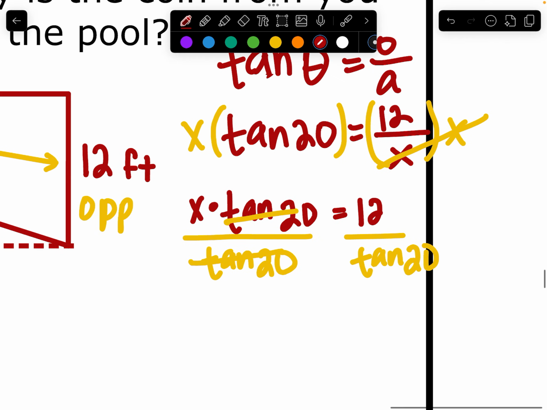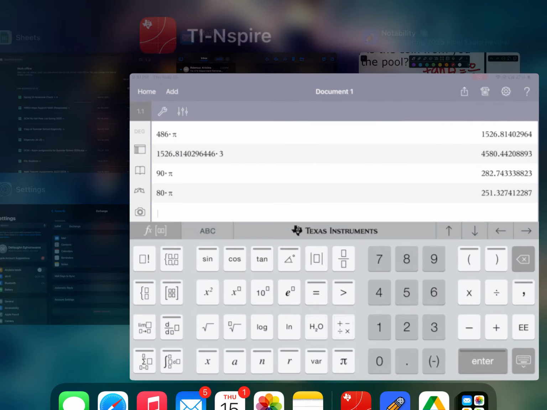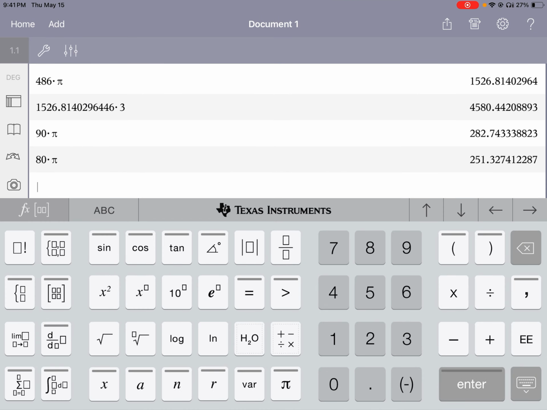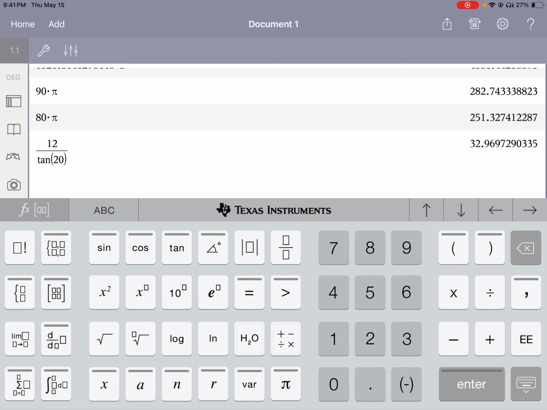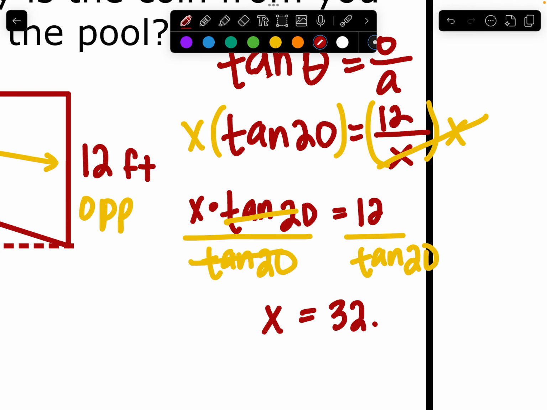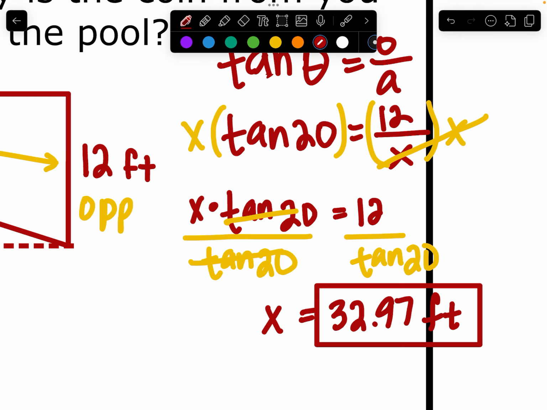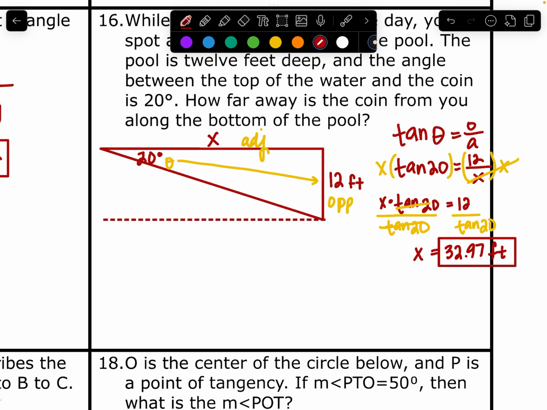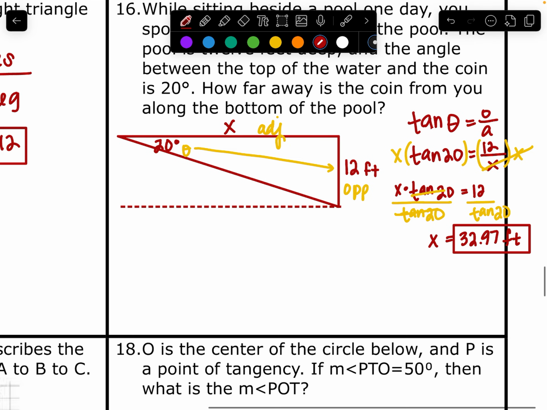Now we're left with x equals 12 divided by tangent 20 in our calculators. Please make sure your calculator is in degree mode. And we get 32.97. I didn't say where to round, so we're going to round it there.